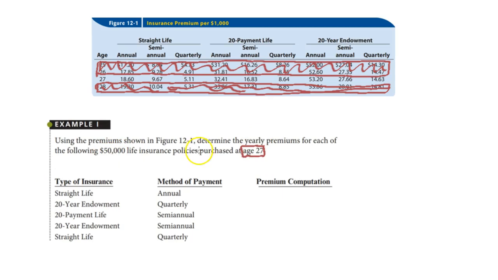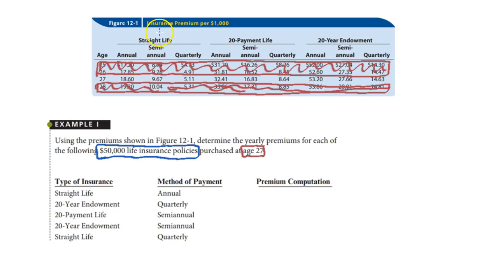So using blue, I'm going to explain the $50,000, where that comes in. So the $50,000 life insurance policy, that's the amount of the policy. So this is the life insurance policy that would be paid if someone were to die.